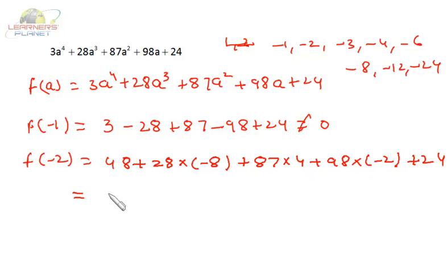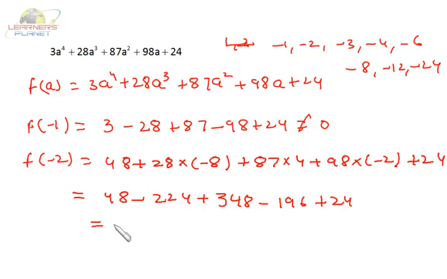So it's 48 minus 224 plus 348 minus 196 plus 24.